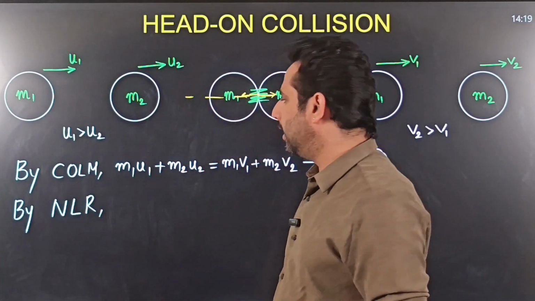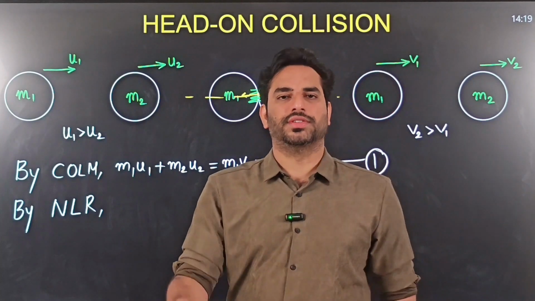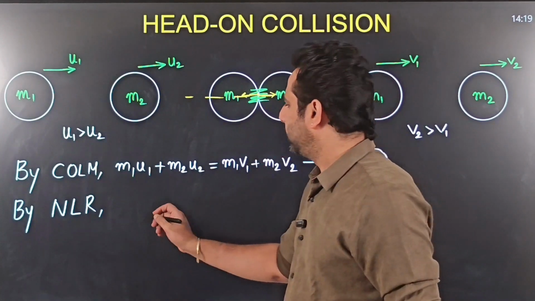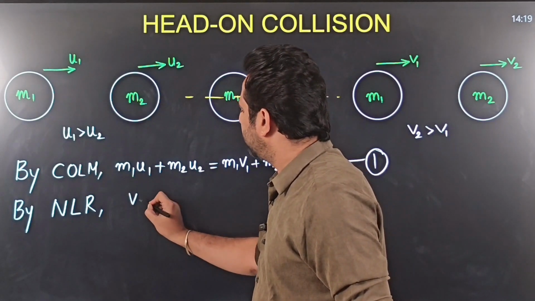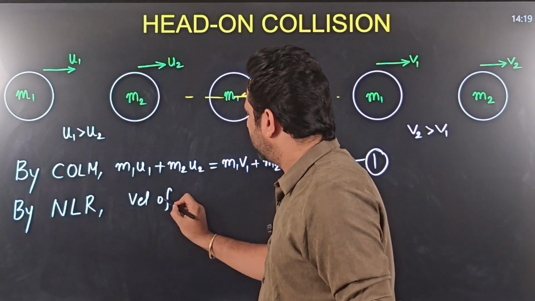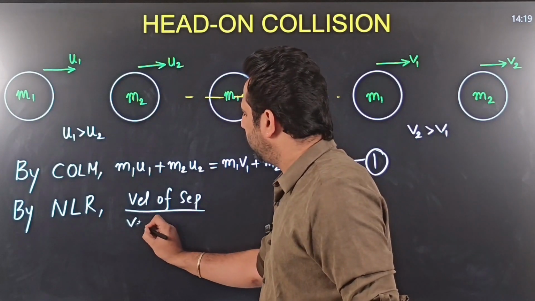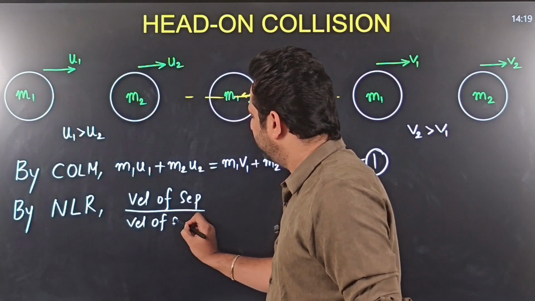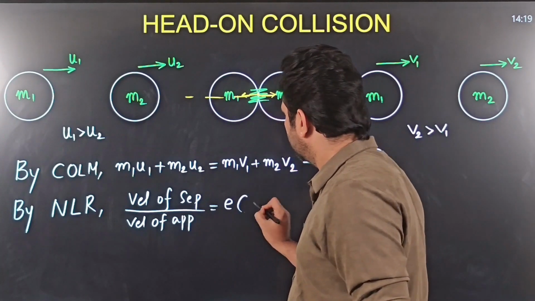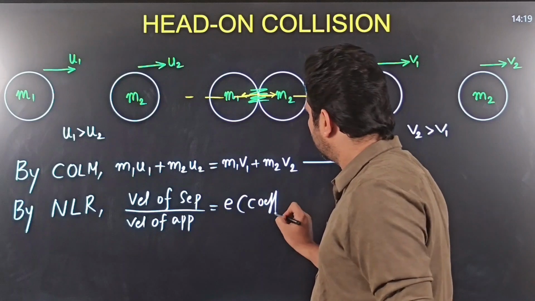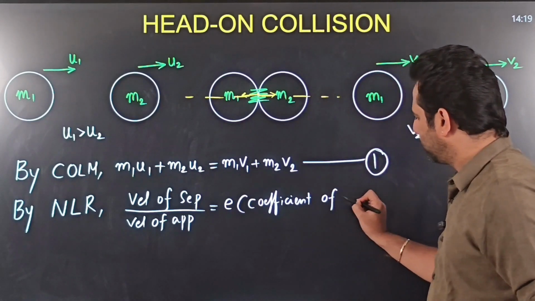I'm using the shortcut NLR. The meaning of the word restitution is restoration. So Newton's law of restoration or restitution, it is velocity of separation by velocity of approach before collision remains constant, which is E. This E is named as coefficient of restitution.